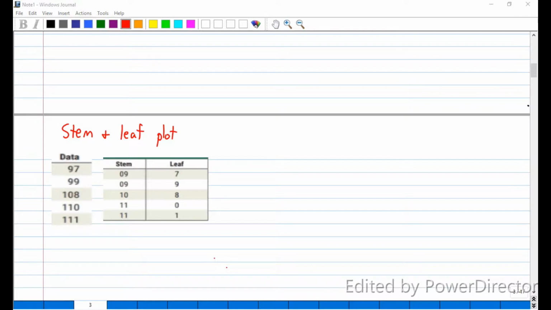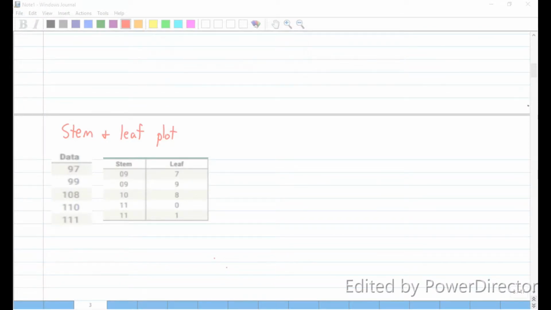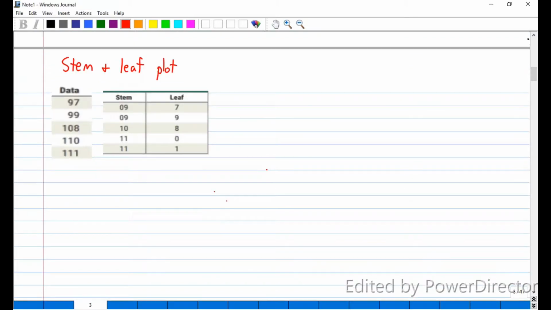If you look at the table that's in your PowerPoint, let's see. They are making a stem and leaf plot to compare the annual home run production of Babe Ruth and Barry Bonds per season. This is all in your PowerPoint. I'm just going to copy it up here so you can see it in color.